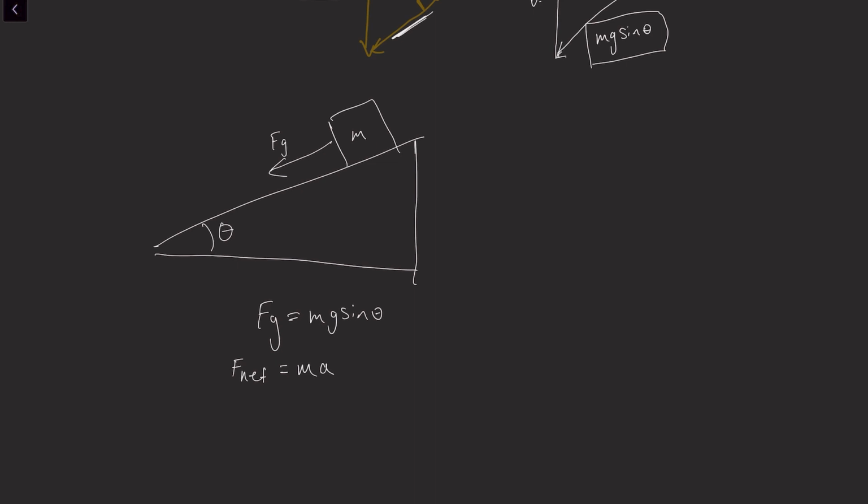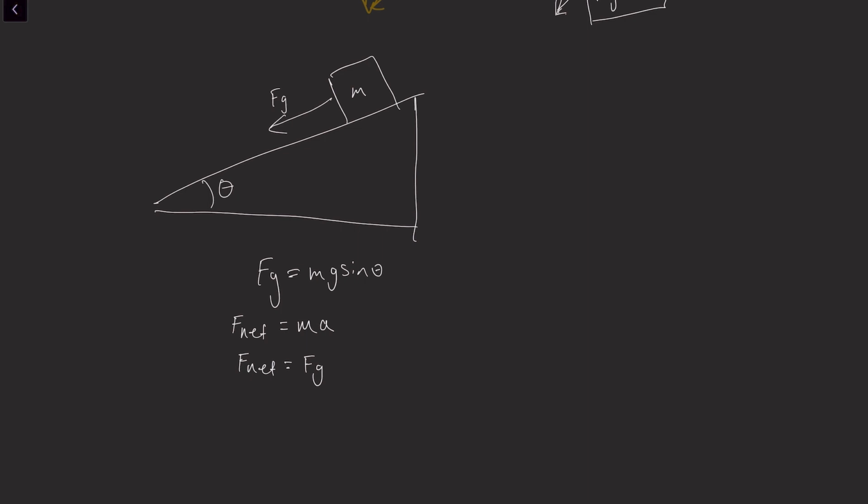And it also just so happens that the only force that is moving this block is Fg. So we can say F net equals Fg, because that's the only force that is moving this block.